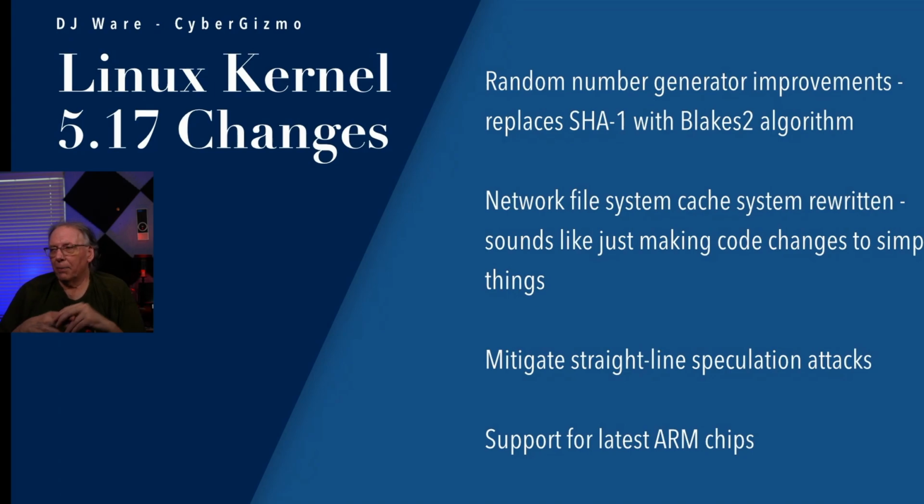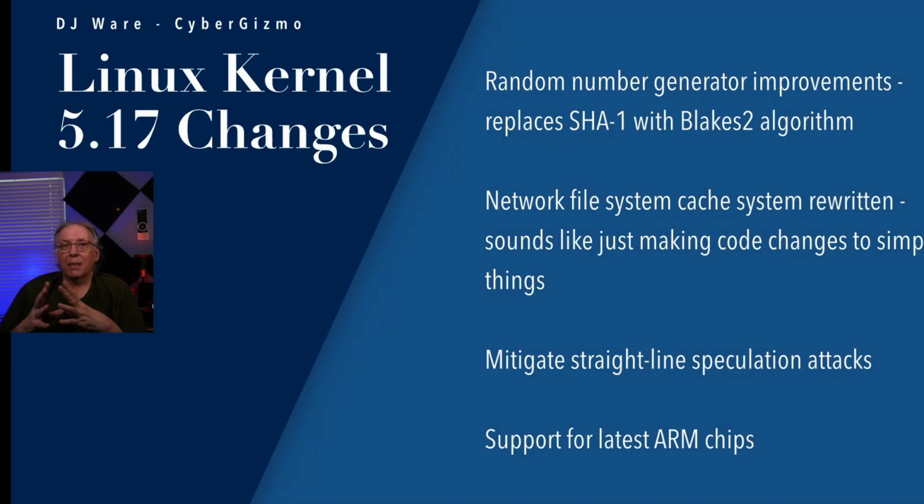Other one is we've got another problem with Spectre Meltdown, and this one affects ARM, I believe, and this is mitigating straight line speculation attacks, although Intel and AMD are affected as well.